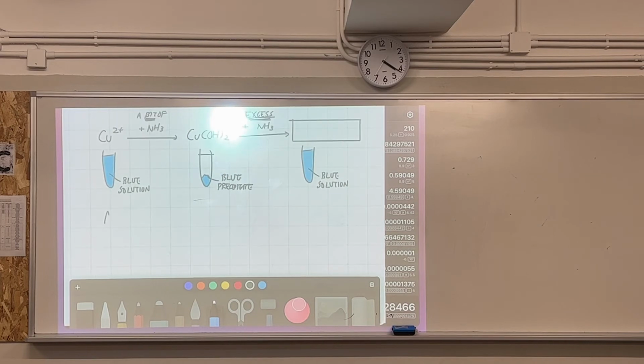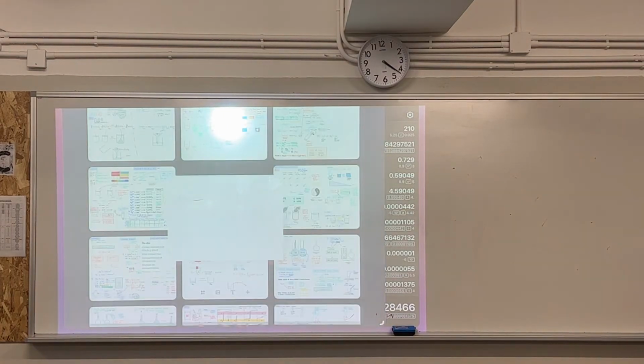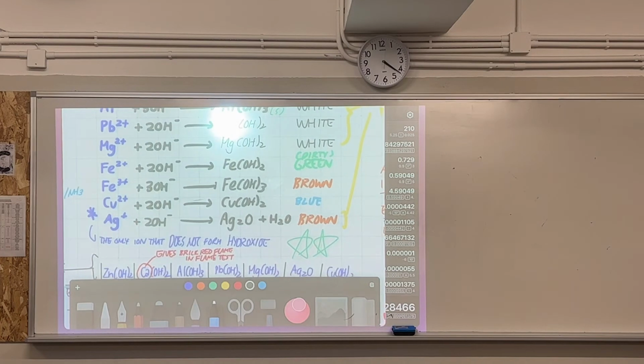Silver ion is similar, only in that it dissolves back into a solution. The color of silver ion is colorless, of course. When you add a bit of ammonia into silver ion, do you all remember this table from before? It will turn into a brown precipitate.